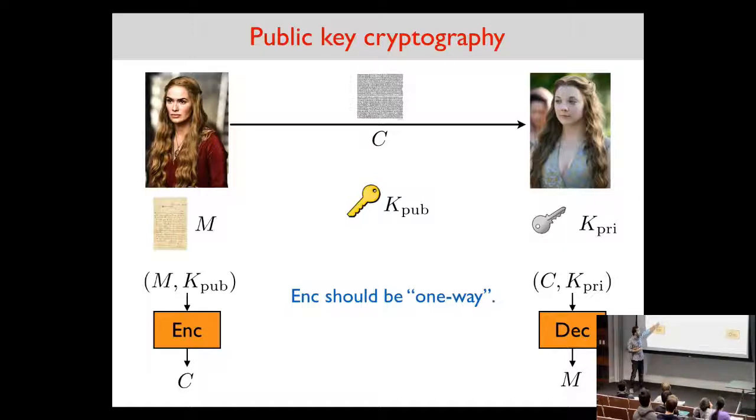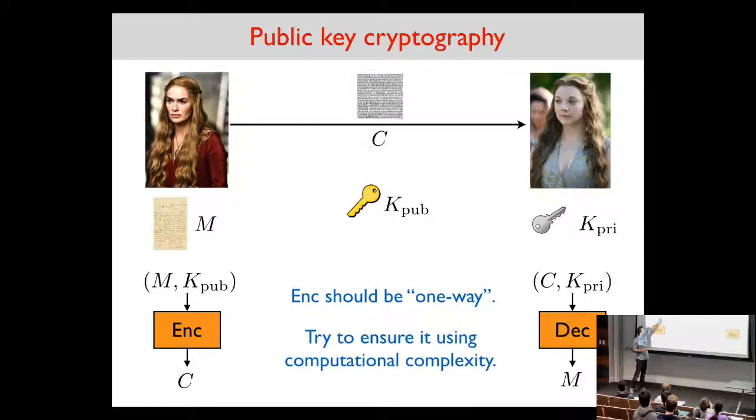Now the key is public, so we cannot use the secrecy of this key to ensure one-wayness. What we're going to do is ensure one-wayness using computational complexity, in the sense that even if the adversary knows the key and the C, it will be computationally infeasible for him to recover M.